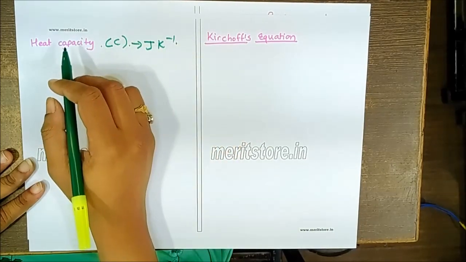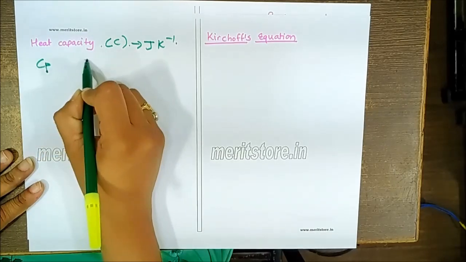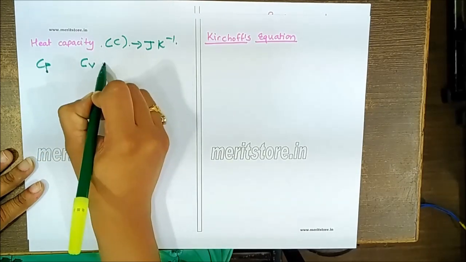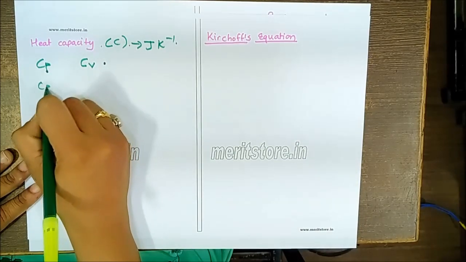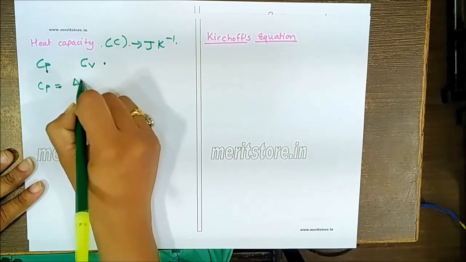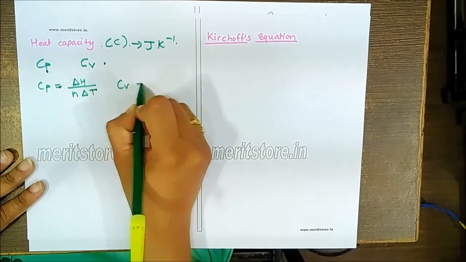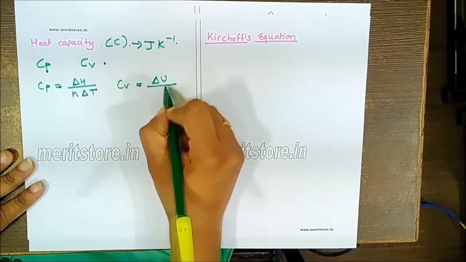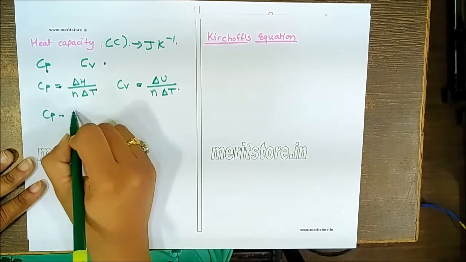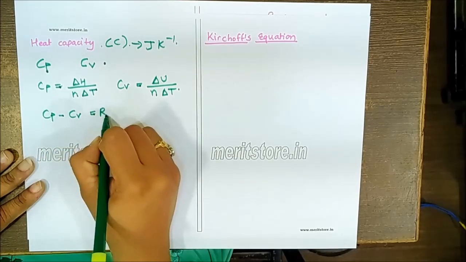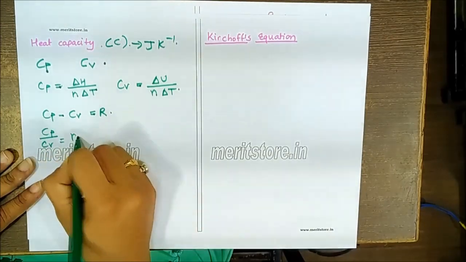Now this can be expressed in 2 different ways: heat capacity at constant pressure and heat capacity at constant volume. When I'm talking about Cp, Cp is always equal to delta H upon n into delta T, while Cv is always equal to delta U upon n into delta T. Cp minus Cv equals R. Also remember, Cp divided by Cv equals gamma.